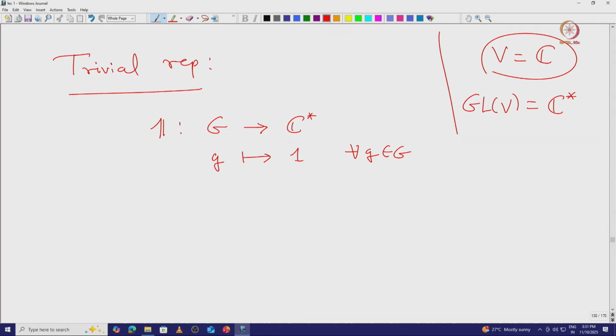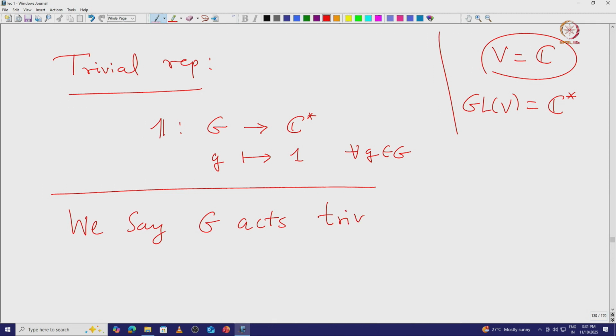We say the group G acts trivially on a representation V if all the elements of G act as identity.